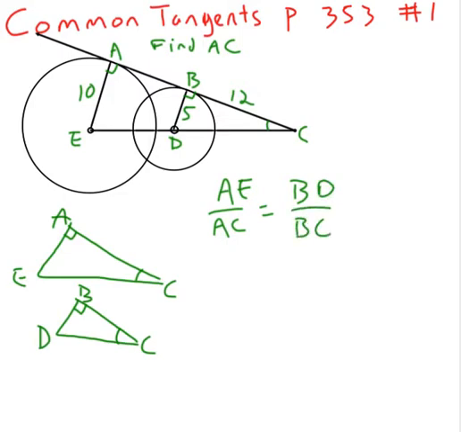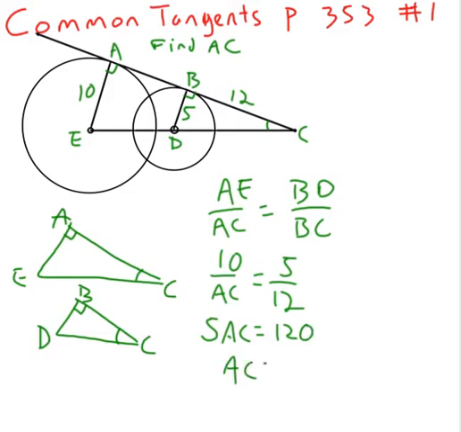Substituting in, 10 over AC equals 5 over 12. We cross multiply, 5AC equals 120, and our solution is AC equals 24. Easy enough, right? All right, let's look at the next one.